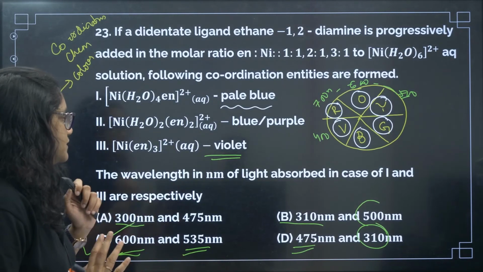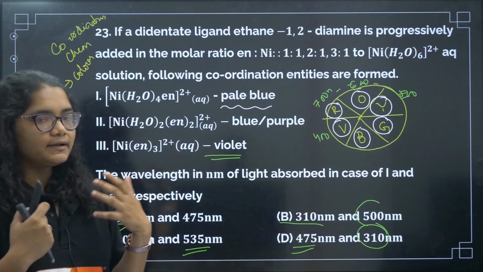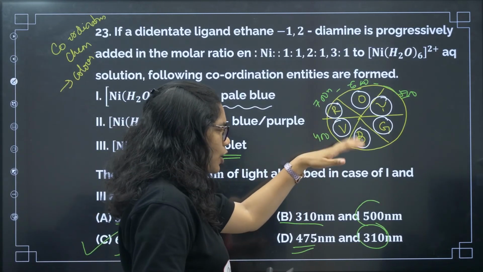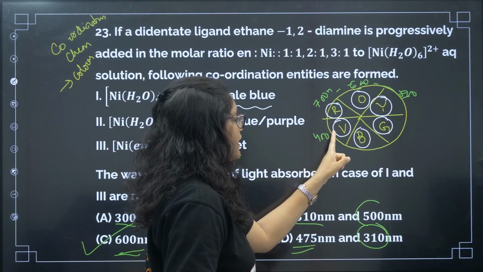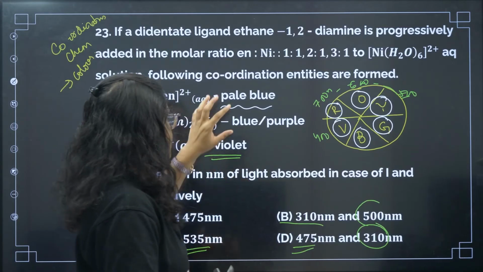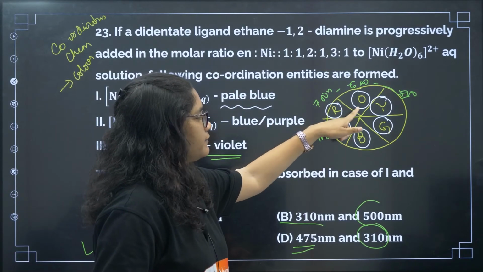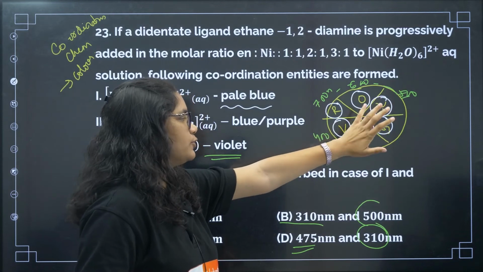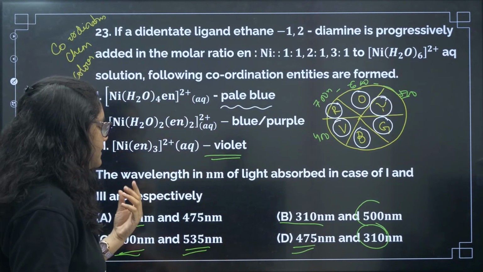Okay, I hope this is clear. Once again let me repeat, color theory, you need to know opposite colors are accepted. So violet, indigo, blue, green, yellow, orange, red. So if a substance is visible as pale blue color, it will absorb orange color. Orange, yellow. Pale blue means somewhere between orange and yellow. So the range should be between 500 and 600, right?